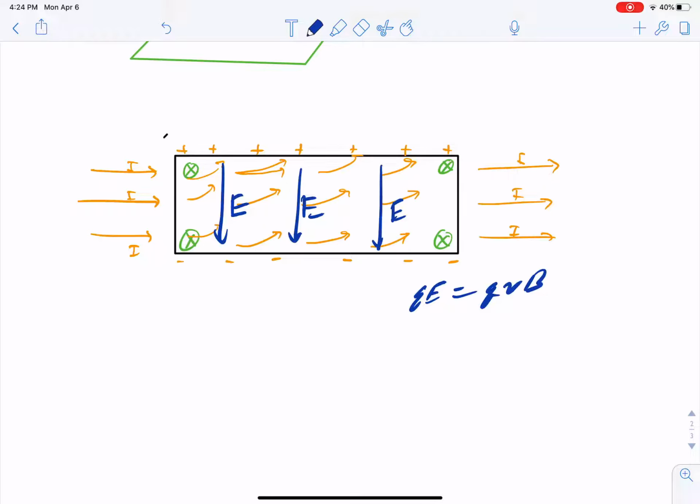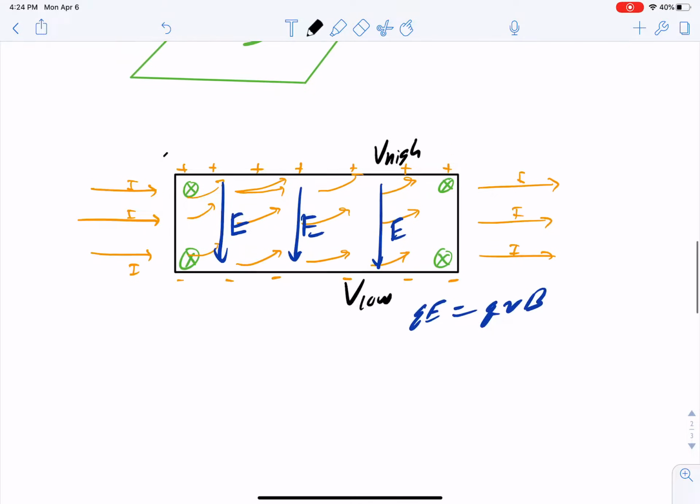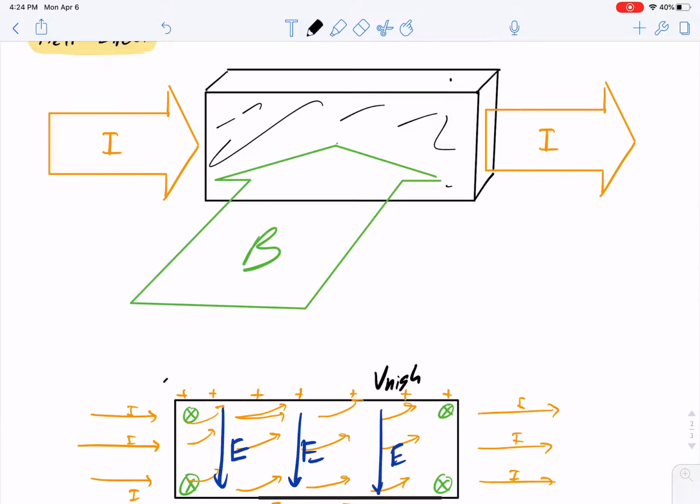Now, there's two things that you can get from this. But the important thing is that we built up a charge distance from one end to the other with an electric field. Therefore, if we take the electric potential difference between these two surfaces, now remember, this is actually the top and bottom of this solid chunk, right?